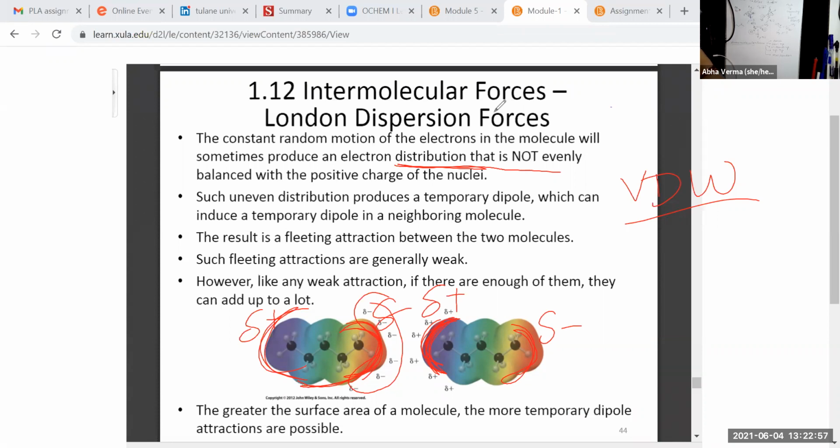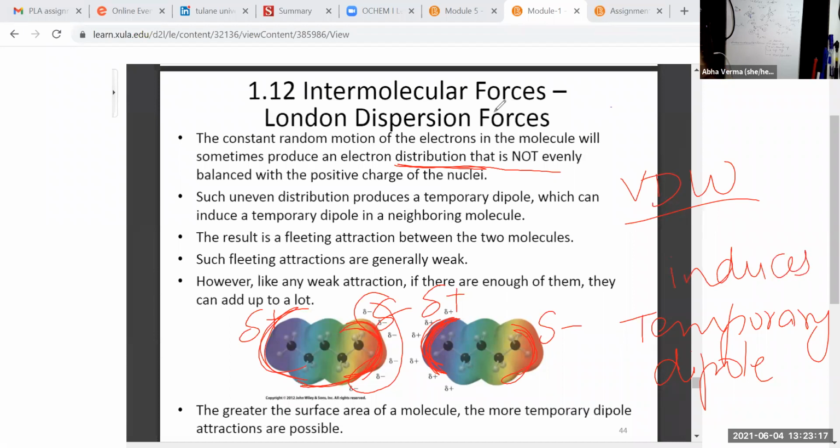So these are balanced with positive charge of the nuclei, but this is a temporary dipole. This is not a real dipole. So this creates or induces this uneven electron distribution, induces a temporary dipole in the neighboring molecules.